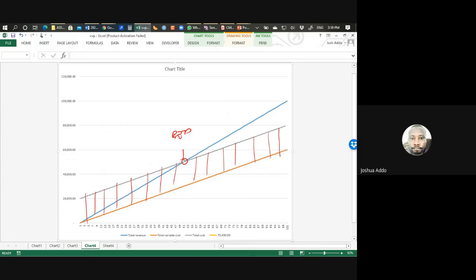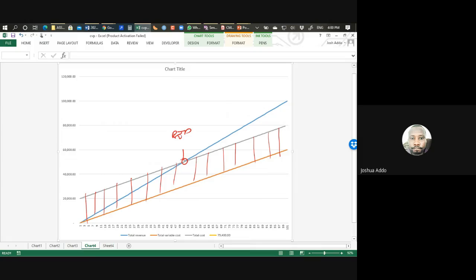It's parallel, telling you that the distance between them is fixed. And of course, the difference between the ash line, which is the total cost line, and the orange line, which is the total variable cost line, is total fixed cost. Because total fixed cost is fixed, that's why you are seeing the relationship between the two lines as parallel lines.